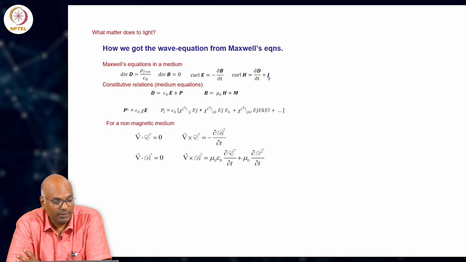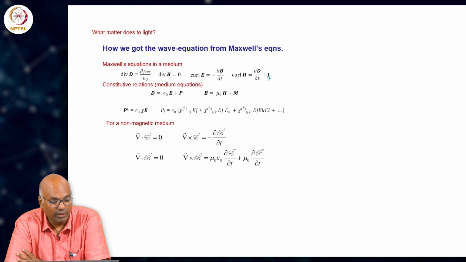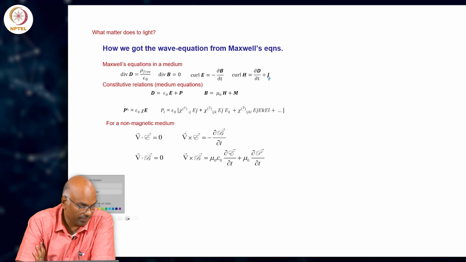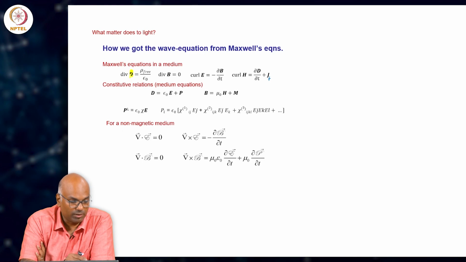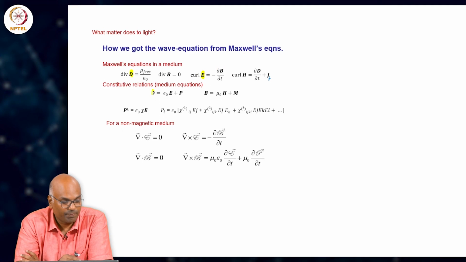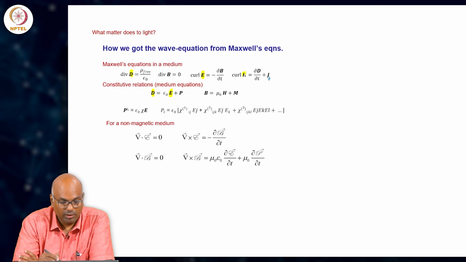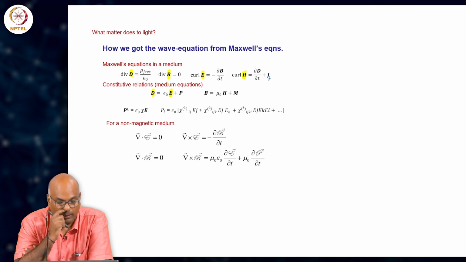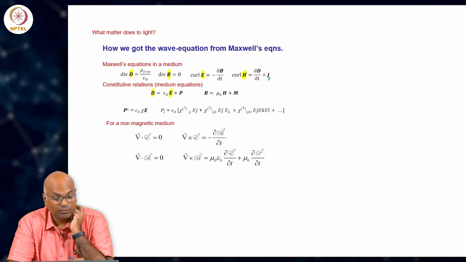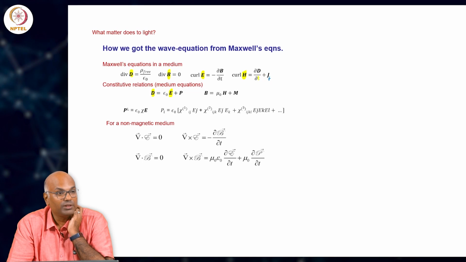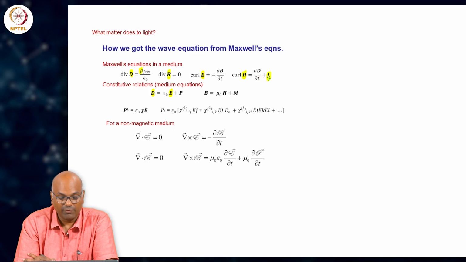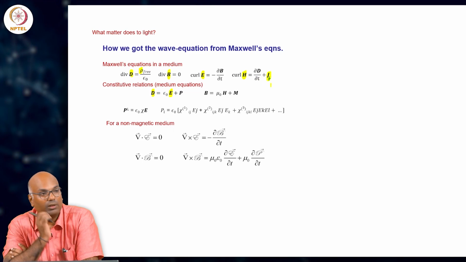Okay, so, the point being that we now have 4 fields. The 4 fields here are D and E, H and B. In order to solve these, we have 4 equations, differential equations, 4 fields plus a scalar field here and a vector field here for free sources.